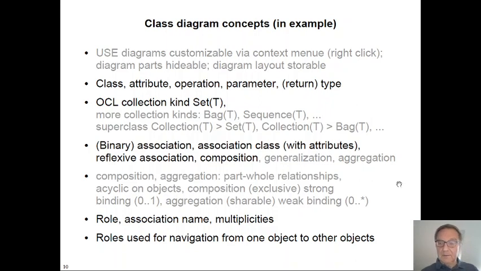Here we are in a position where I just want to give an overview. What are the key points of part-whole relationships and what is the distinction between composition and aggregation? Aggregation is a shareable part-whole relationship and it has a weak binding. So a part can be a part of not only one whole but of many wholes.